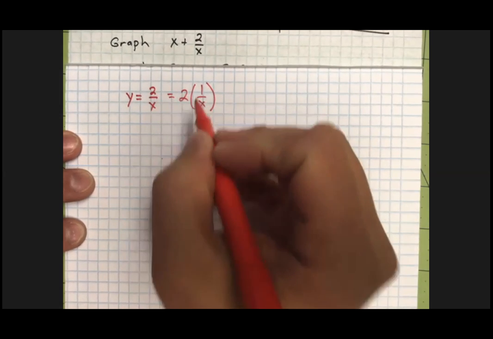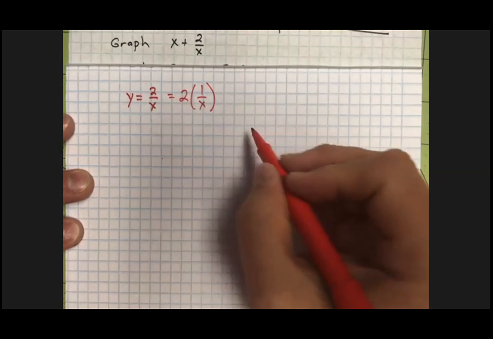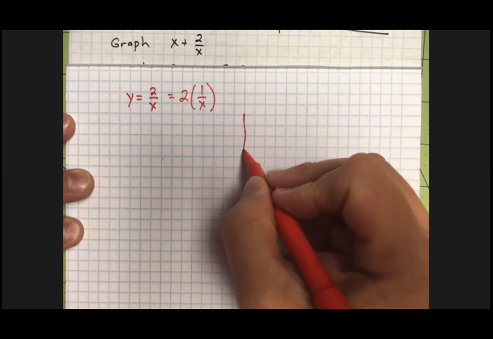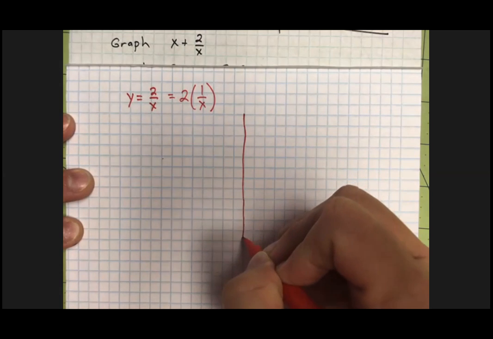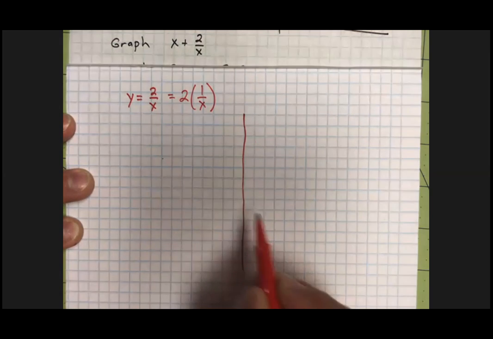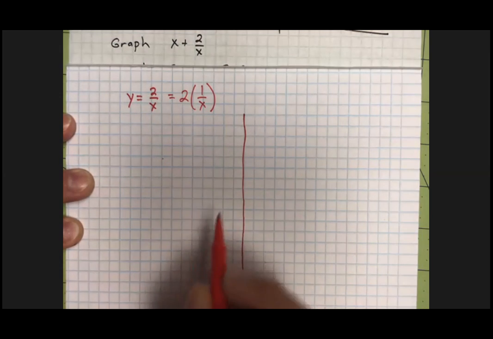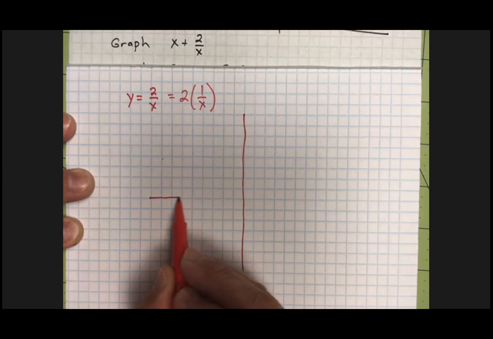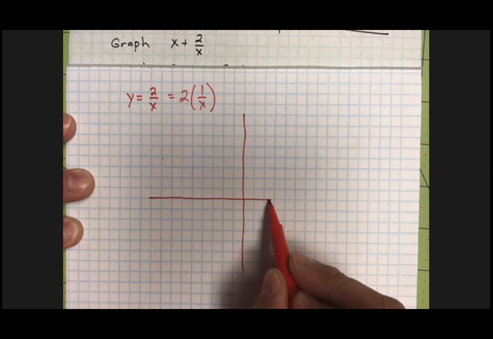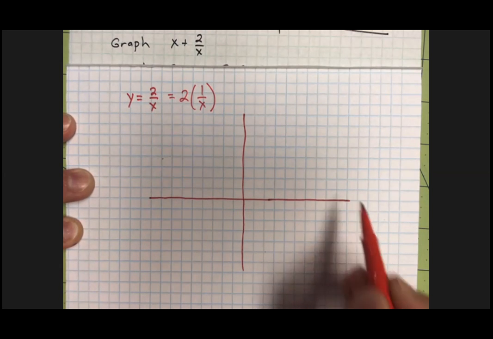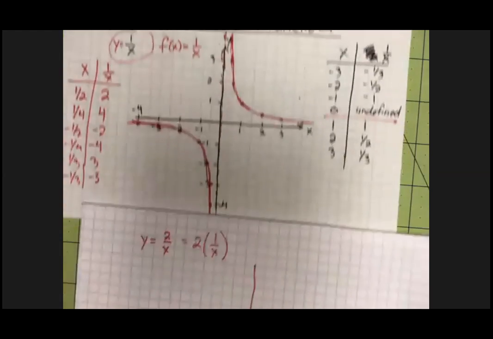That's how you could think of 2/x, 2 times 1/x, right? So what would this graph look like? I think it would look like the graph we just drew, except let's reason how it would be different. How would it be different?